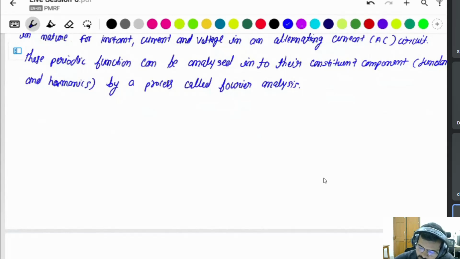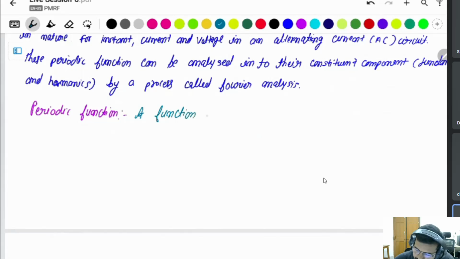Now, the periodic function. A function is periodic with period T if the function repeats after that time.